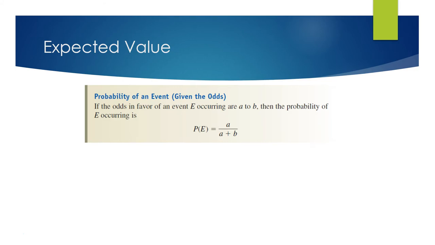The probability of an event given the odds, this will show up every once in a while. It kind of deals with ratios and proportions, because odds in favor or odds against is a ratio. If I say I have 2 to 3 odds, in favor or against, whichever the case may be, that means 2 chances to every 3 chances, me winning versus me losing.